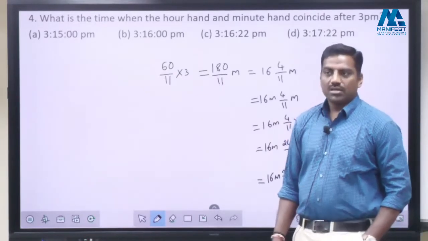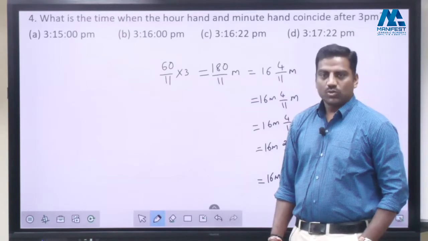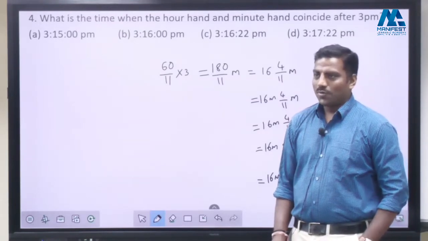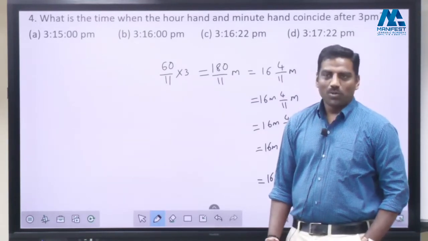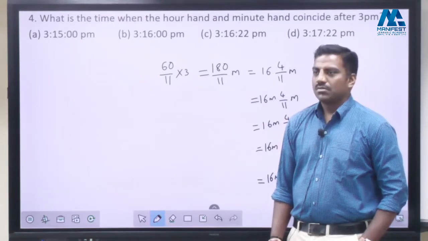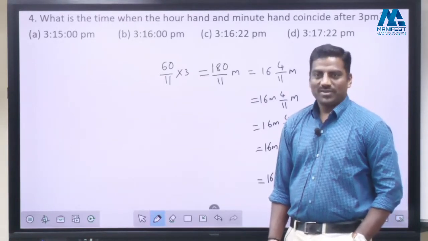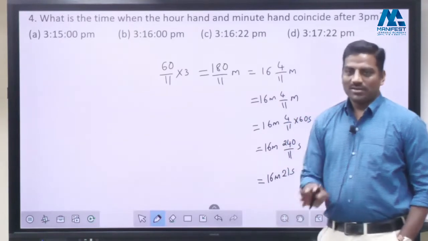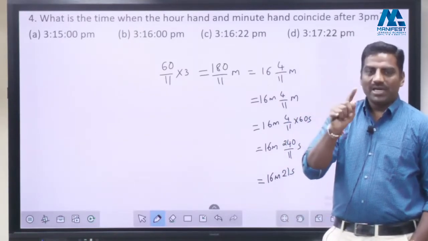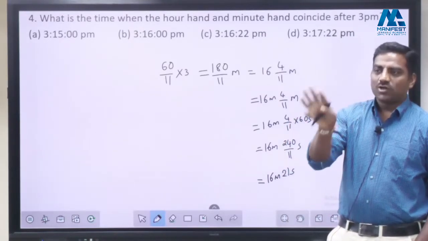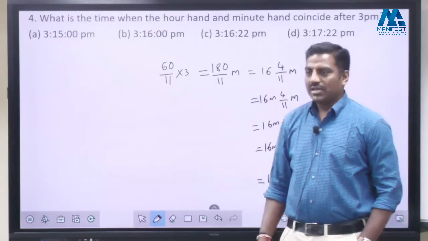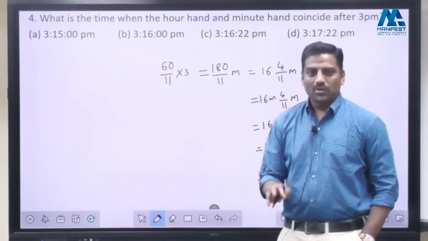Is that okay? No problem whatsoever. You should say yes or no. So 60 by 11 multiply by wherever the minute hand has crossed. Done? Any doubt? See, be open, okay?